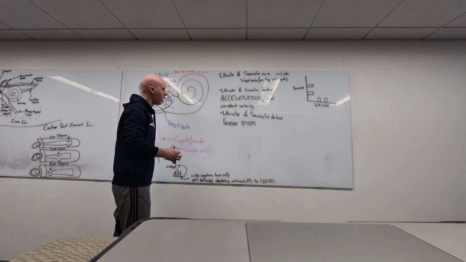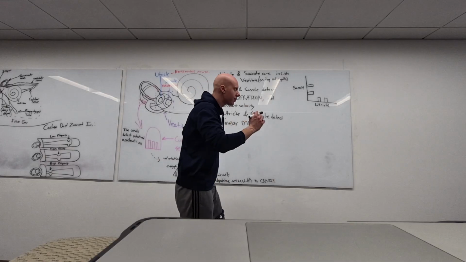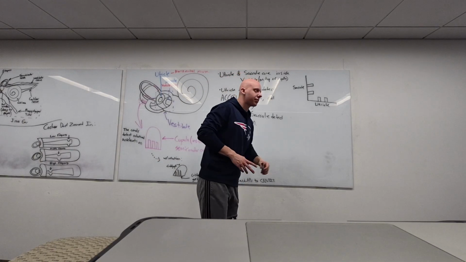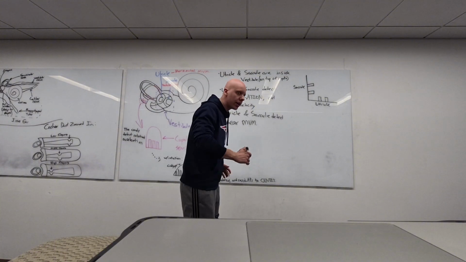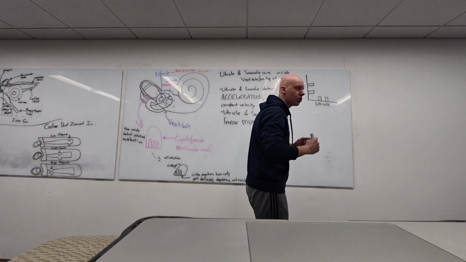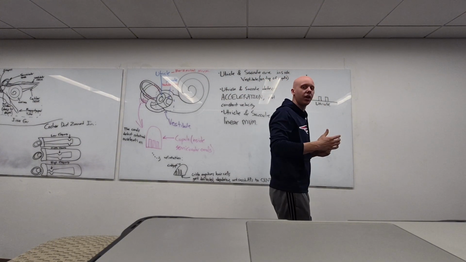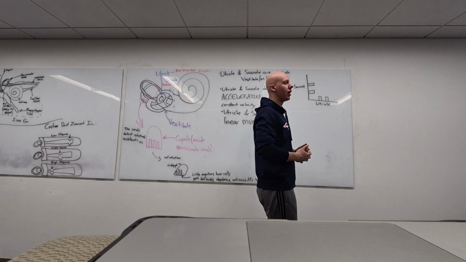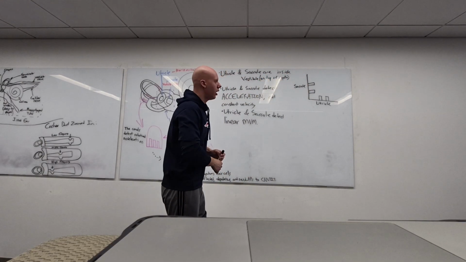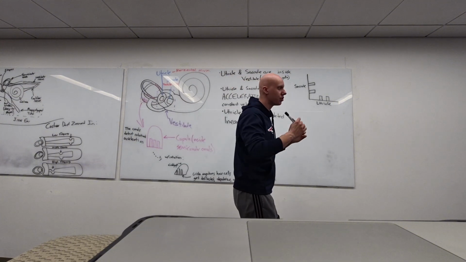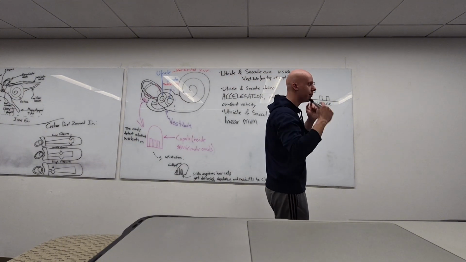Okay, so if I'm running this way, my utricle is going to detect those horizontal movements. That means that the utricle is deflecting the other way because of inertia, right? Remember the law of inertia, an object in motion likes to stay in motion. Well, if I'm running this way, then my utricle cells are going to deflect the opposite way.